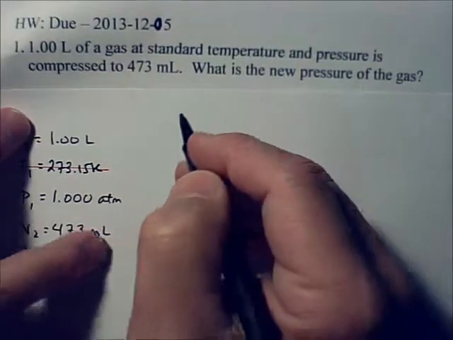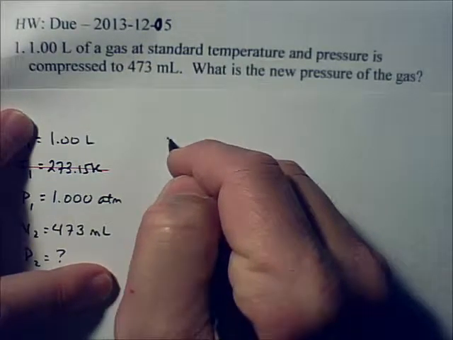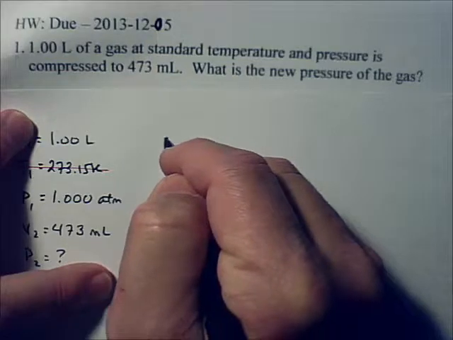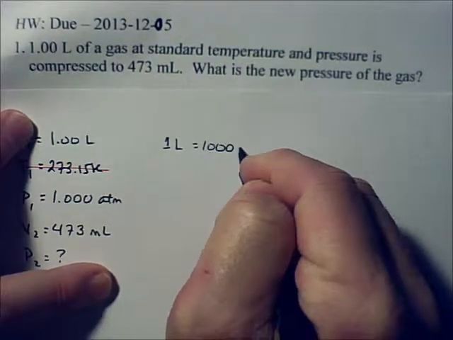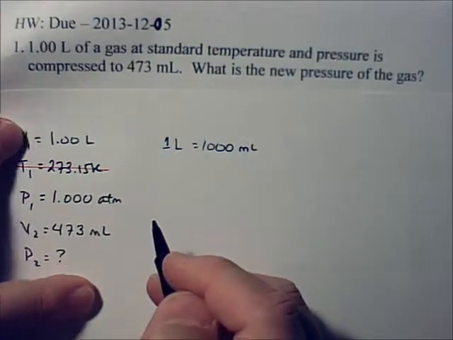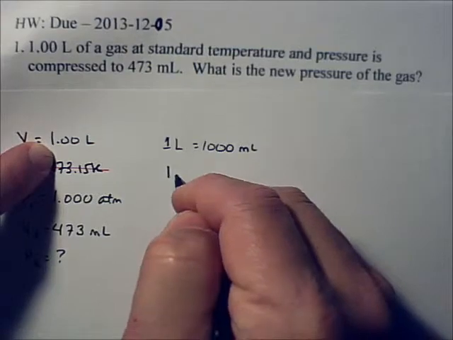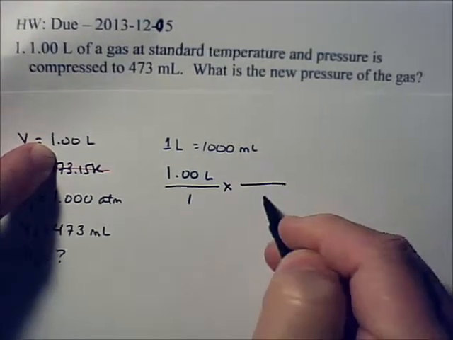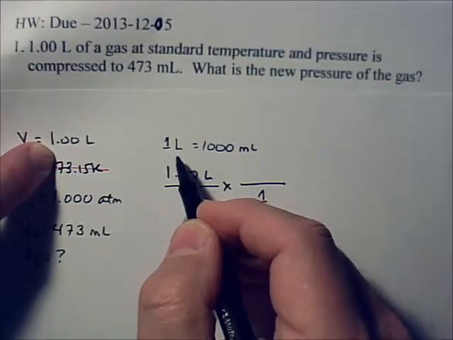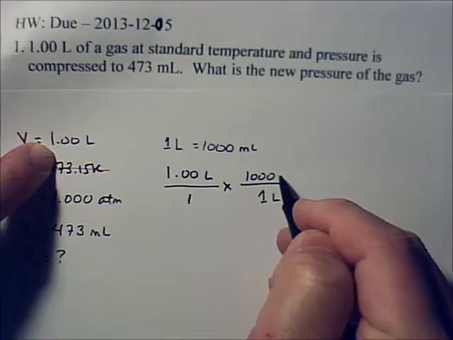Well, you need to know by memory that in 1 liter there are 1,000 milliliters. So if I want to convert this 1 liter to milliliters, I'm going to put the 1 liter side of the equality statement on the bottom, and this side of the equality statement goes on the top.